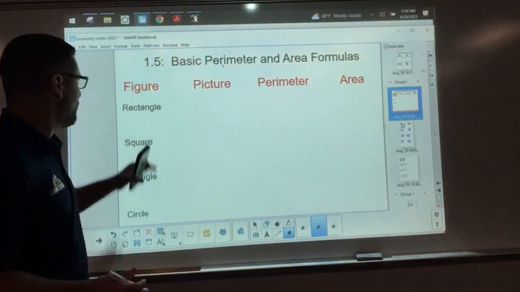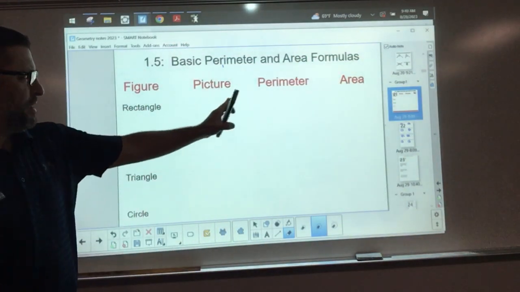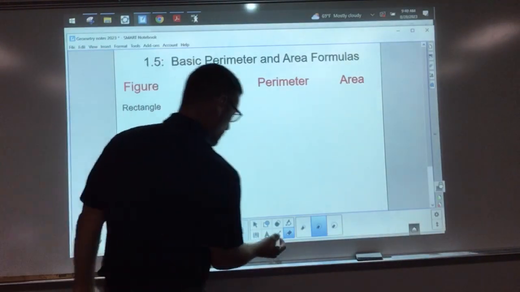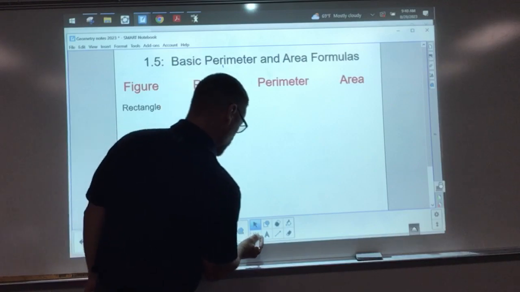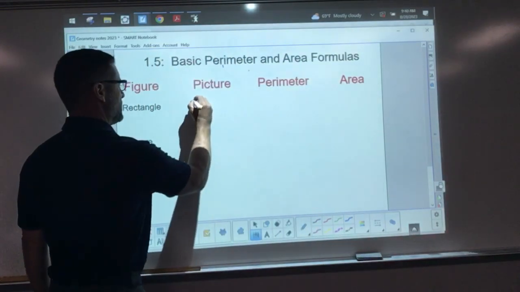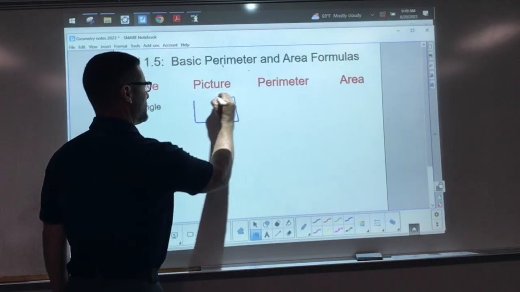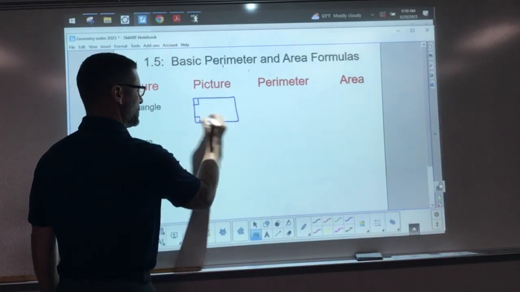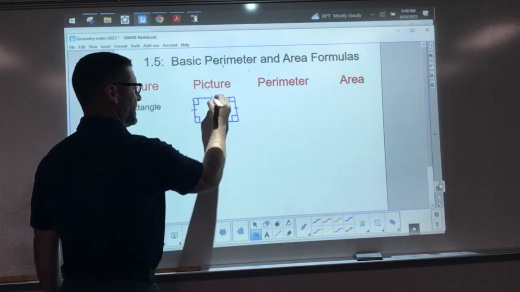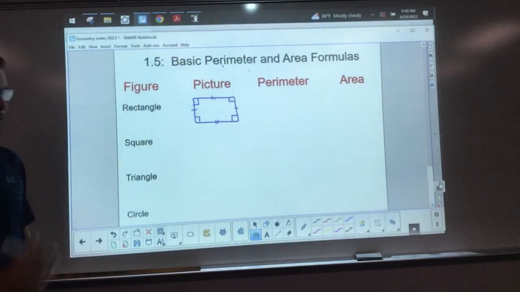So first of all, we have figures, we have a picture, and a perimeter and area formula. So obviously we know what a rectangle looks like. We'll draw our rectangle and little tick marks on congruent parts. So rectangles have right angles in the corners, and they have sides across from each other that are the same, so I put those markings on it.